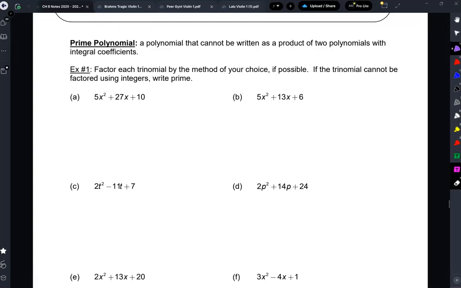So here we go. If a polynomial is prime, then it cannot be written as a product. So if there is one that you are not able to factor, never say no solution. You only say what? Prime. Don't say no solution because it has a solution. It just can't be factored. Okay? All right.